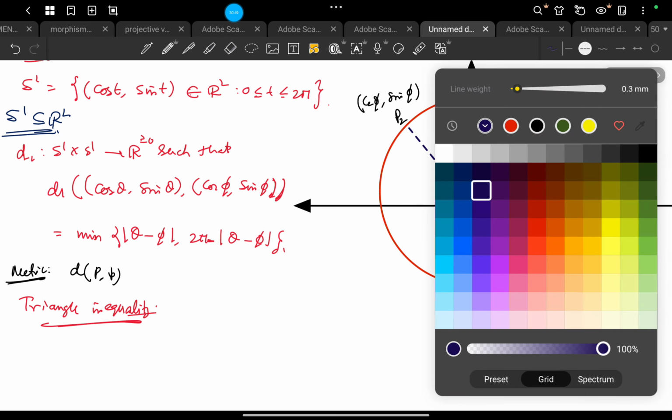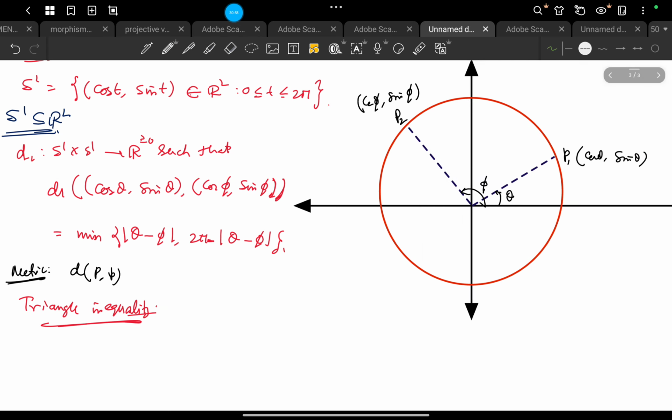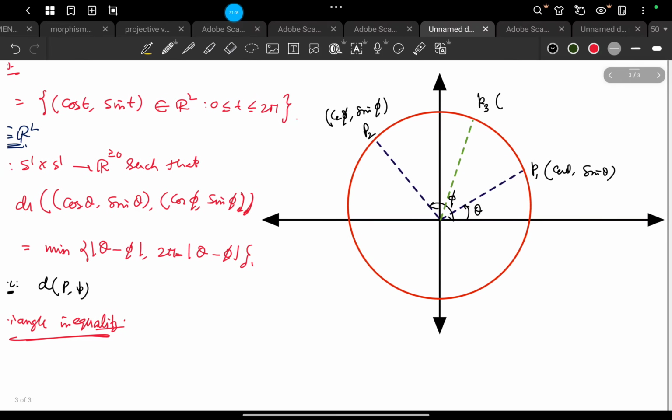Let's say it is p3, and assume that this is xi, so it is cos of xi comma sine of xi.